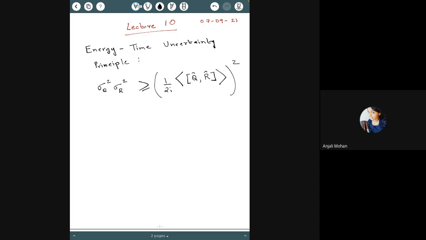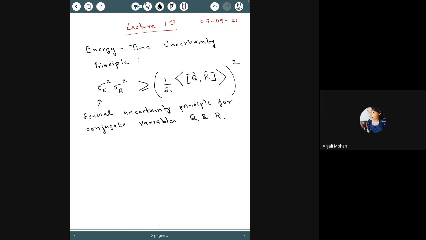So this is the general uncertainty principle for conjugate variables Q and R. This is also related to the Fourier transforms, but we're not going to go into that much detail.